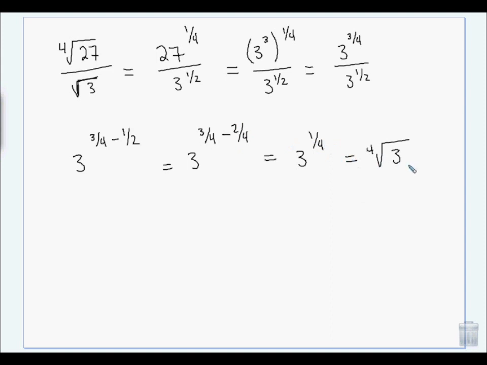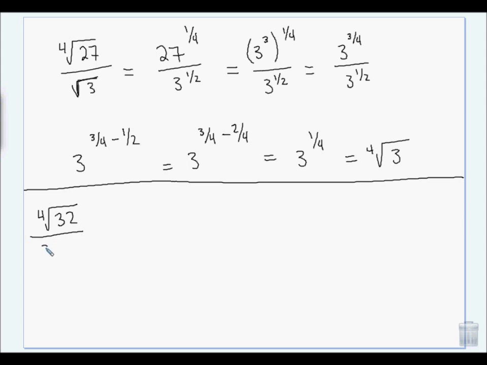Do one more. Okay, so this is 32 to the 1/4, and this is 2 to the 1/3. I'm going to put 32 in terms of 2. And if you didn't know that, you could factor it. You could make a factor tree and you'd get 5 2s.